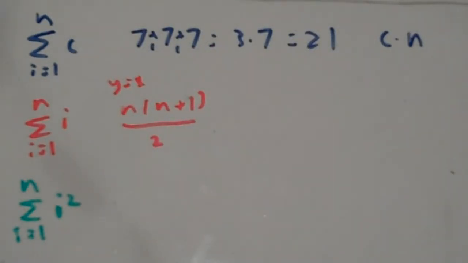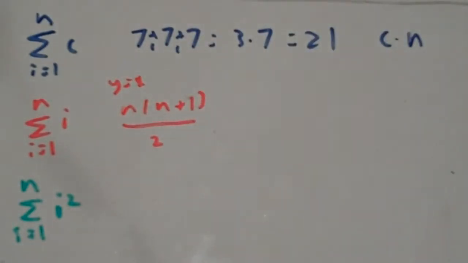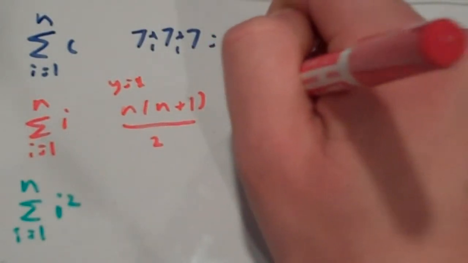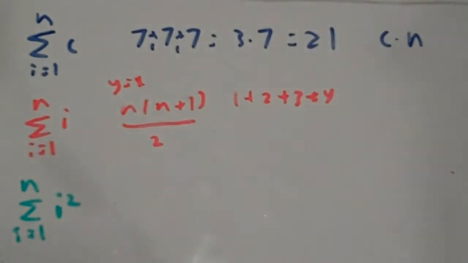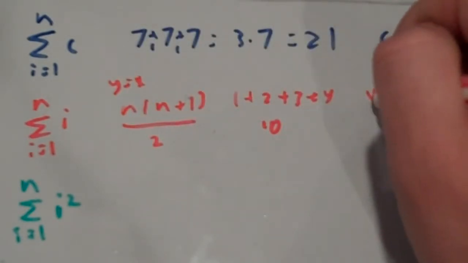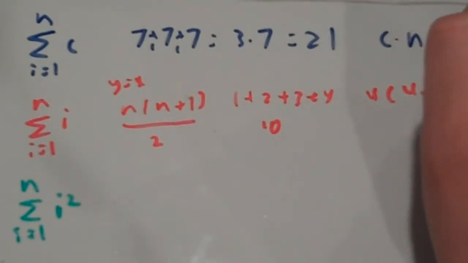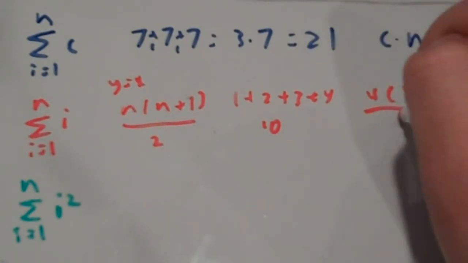Now, for an example, we're going to say that this is our equation, and we're going to sum up the first to fourth term of it. So, if we were just to do it the long way, that would be 1 plus 2 plus 3 plus 4, and adding those all up, we get 10. While, if we were to use our summation formula, we take 4 times 4 plus 1 all over 2.